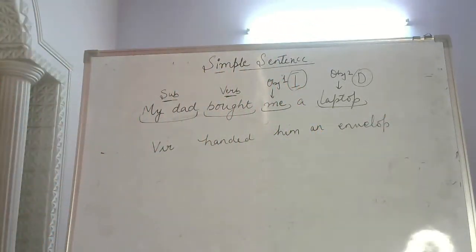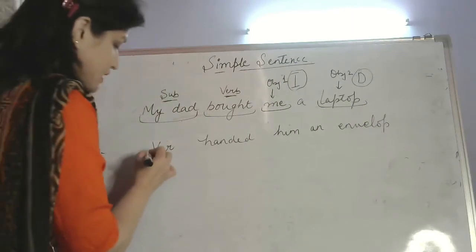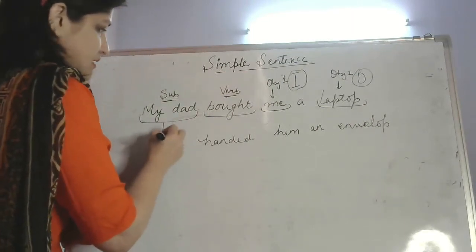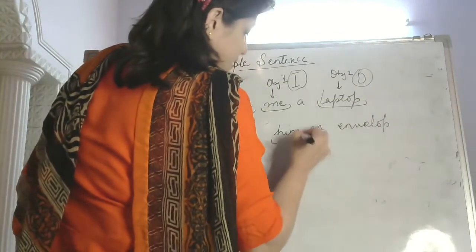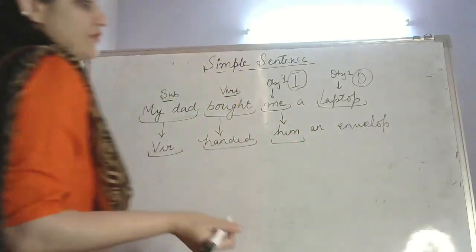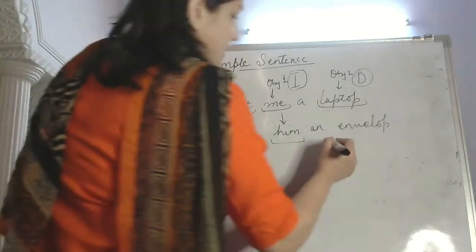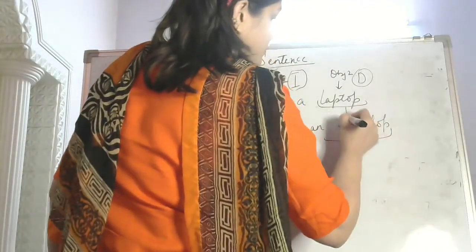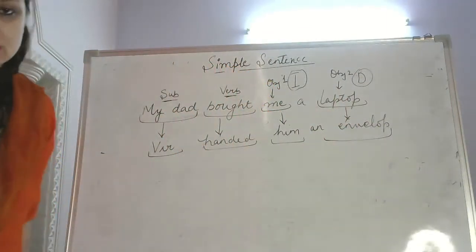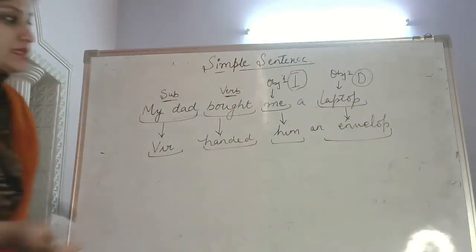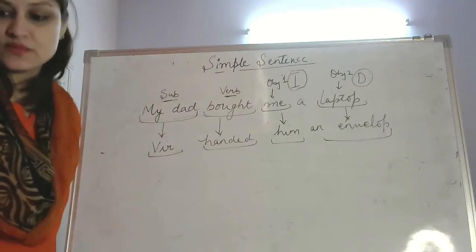Right? So Veer is again a subject. Handed is again a verb. Him is again the object number 1. Envelope is again the object number 2, the direct object, and him the indirect object. Right? This is how you'll understand this part.